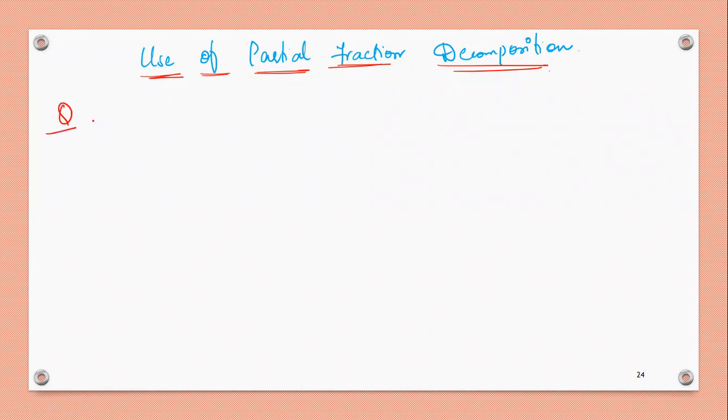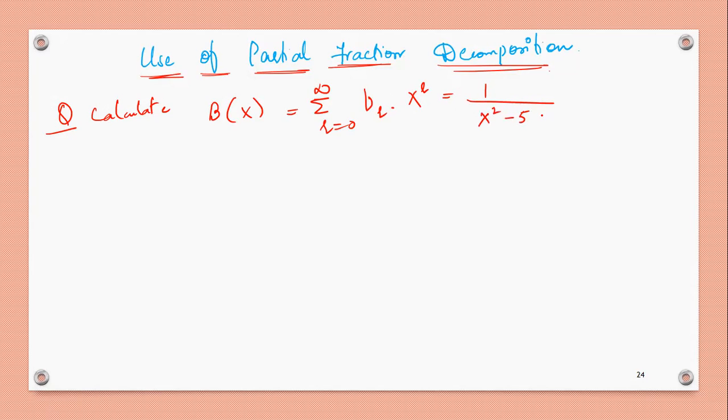The question is, calculate B of x equal to sigma r equal to 0 to infinity d r into x power r, which is given as 1 by x square minus 5x plus 6. Okay, so basically this is the question: 1 by x square minus 5x plus 6 converted into partial fractions.